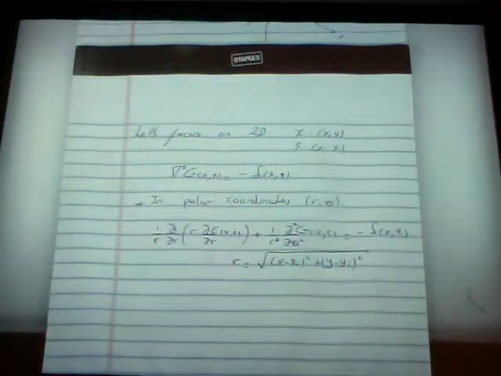It's just the Euclidean distance between any point (x, y) and the source point (xi, yi). Remember, we're defining the polar coordinates with the center right at the source point xi.